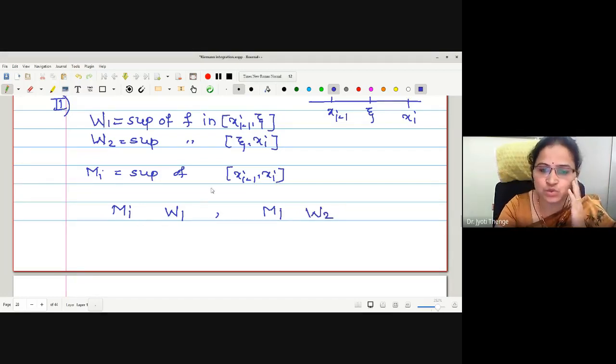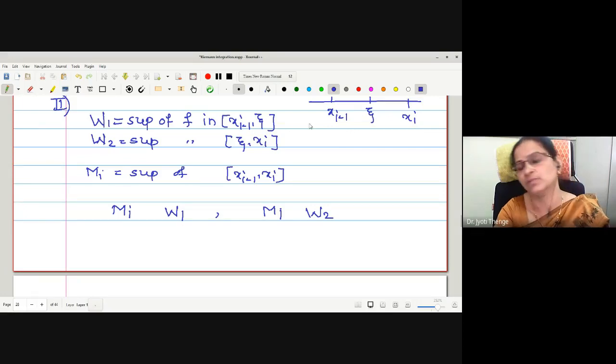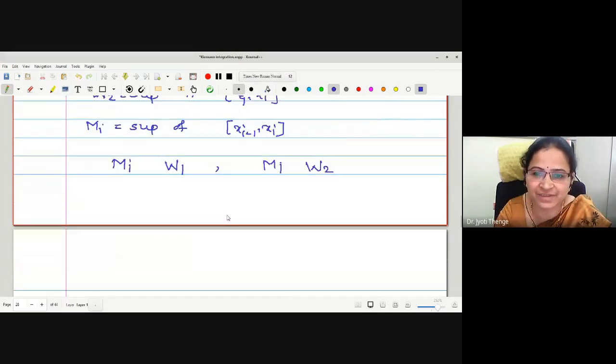Mi is the suprema of the function in ith subinterval. W1 is the suprema of the function in one of its subsets, xi minus 1 to zeta. Similarly, W2 is the suprema in the interval zeta to xi. Therefore, what is the relation between Mi and W1? Yes, can anyone tell me?